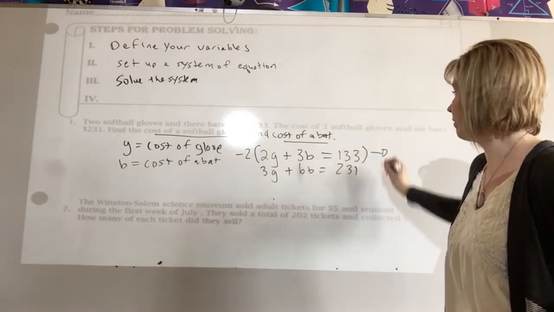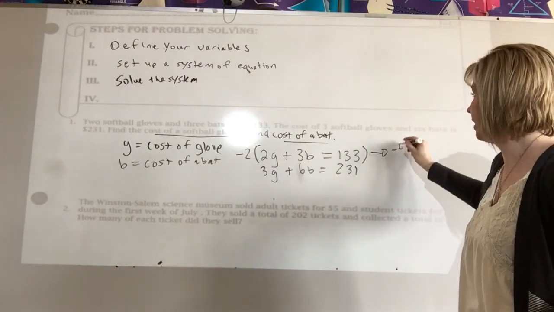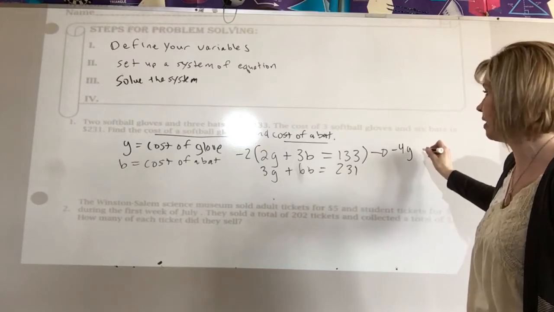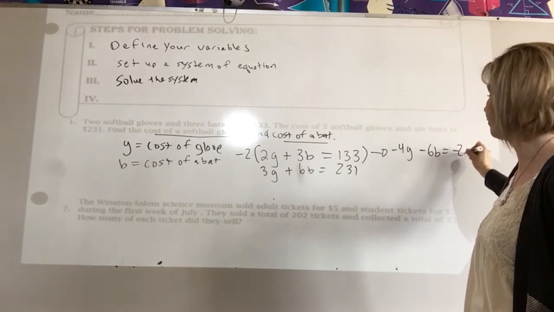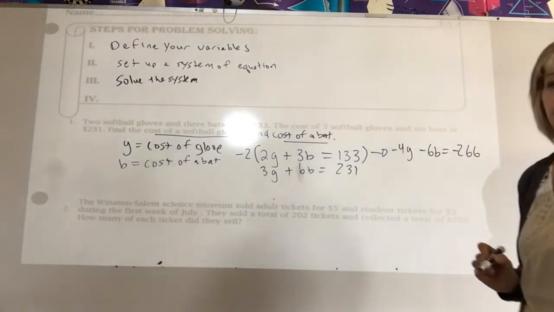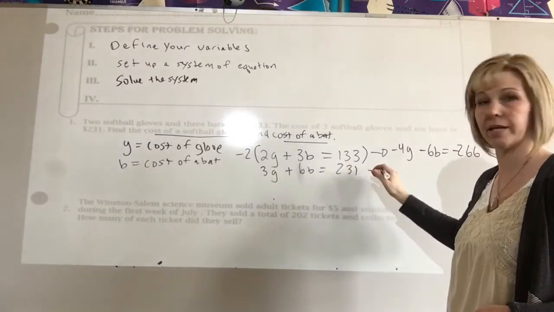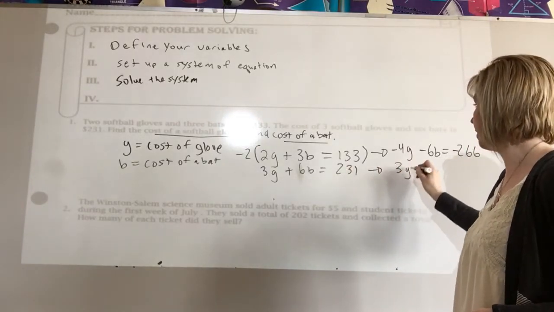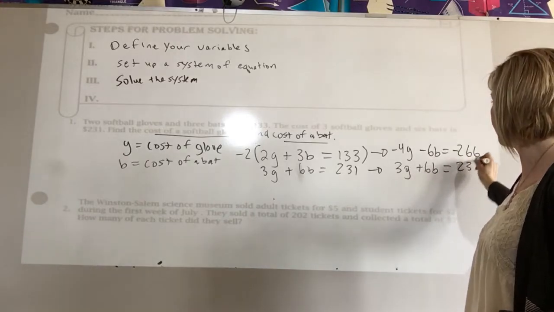Okay, so I'm going to rewrite it over here, multiply everything by -2. So I get negative 4g minus 6b equals negative 266. And then just copy down the second equation: 3g plus 6b equals 231.